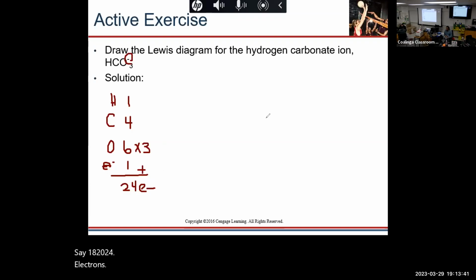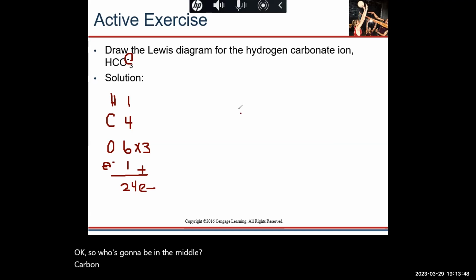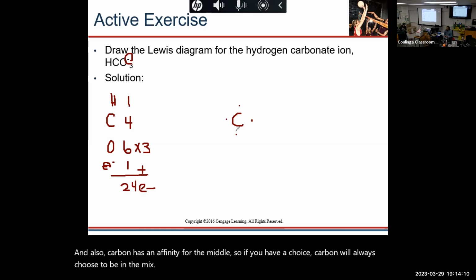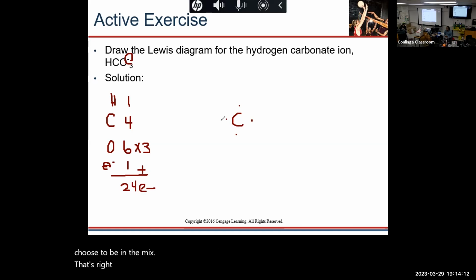Okay, so who's going to be in the middle? Carbon. And it's carbon because the electronegativity is less than oxygen? Yes, that's right. And also carbon has an affinity for the middle. So if you have a choice, carbon will always choose to be in the middle, just like the H always is on the outside. That's right. Okay.